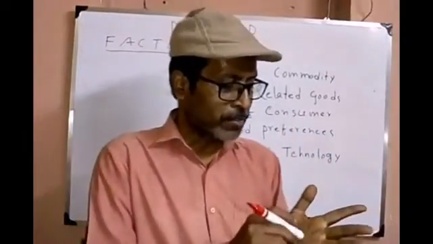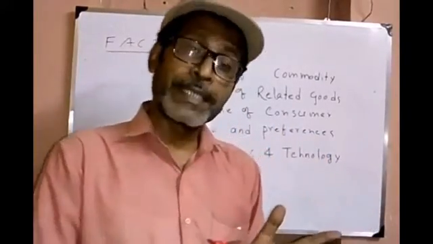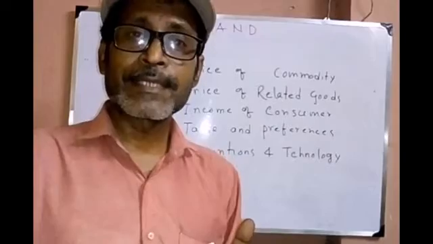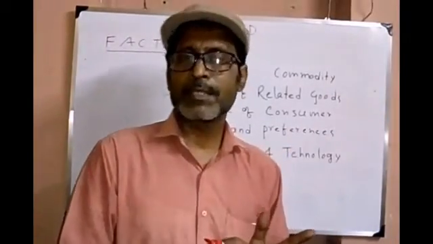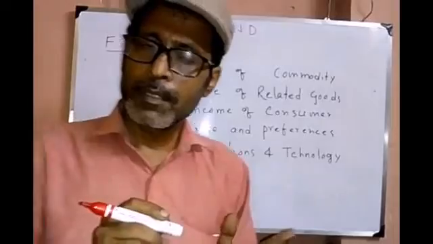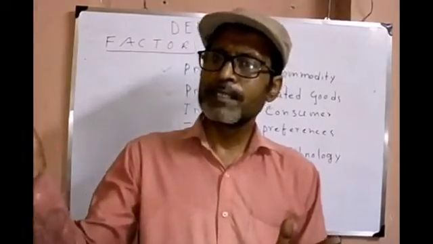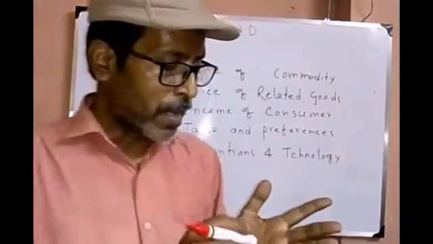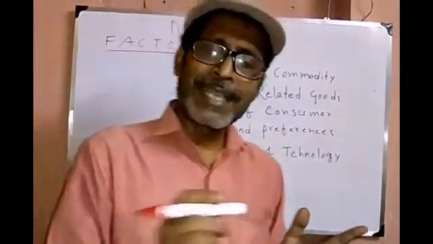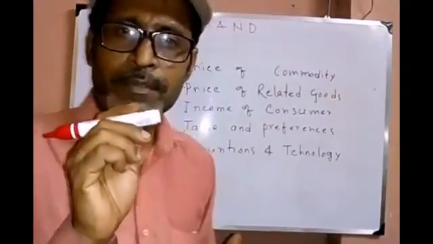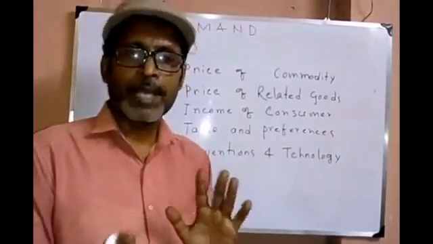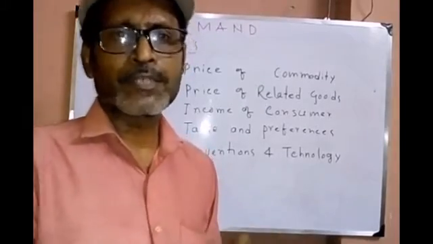You see, as a result, demand for rice will also decrease, because consumers will purchase more wheat and less quantity of rice, though the price of rice does not change.